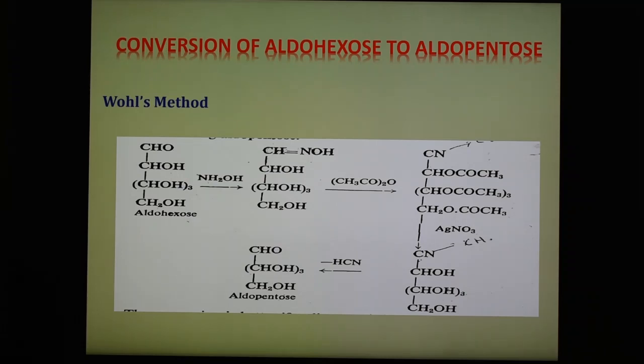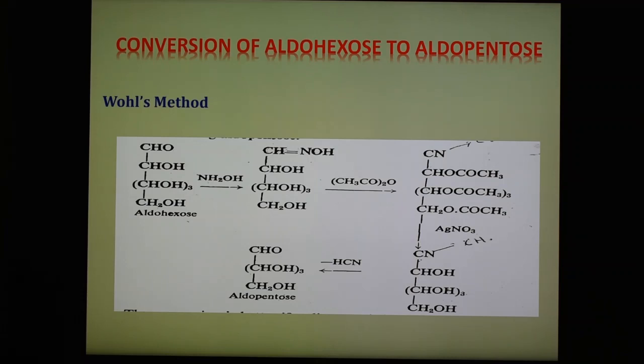In Wohl's method, Wohl suggested a method that consists of different steps. In the first step, aldohexose is converted to oxime by treatment with hydroxylamine. In the second step, the oxime is treated with acetic anhydride, which acts as an acetylating agent as well as a dehydrating agent.